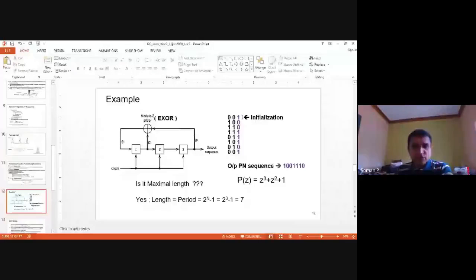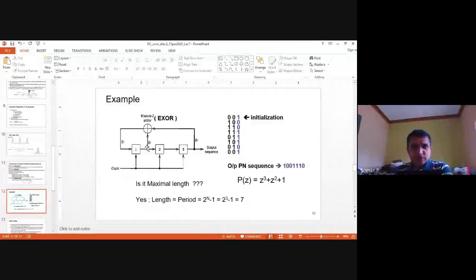So the output of that XOR will be, for different inputs, 1. So that 1 is fed here, and with that clock, that 1 will go to the output.